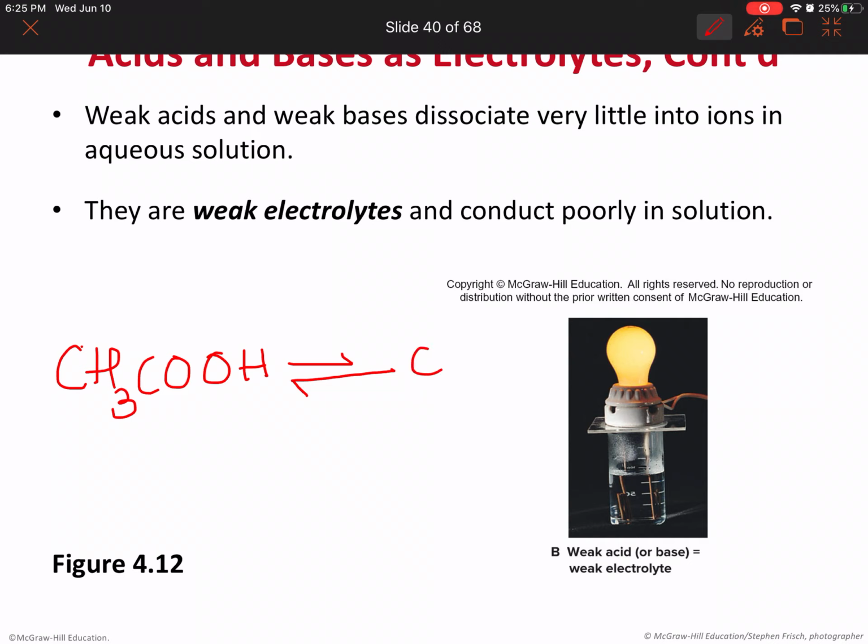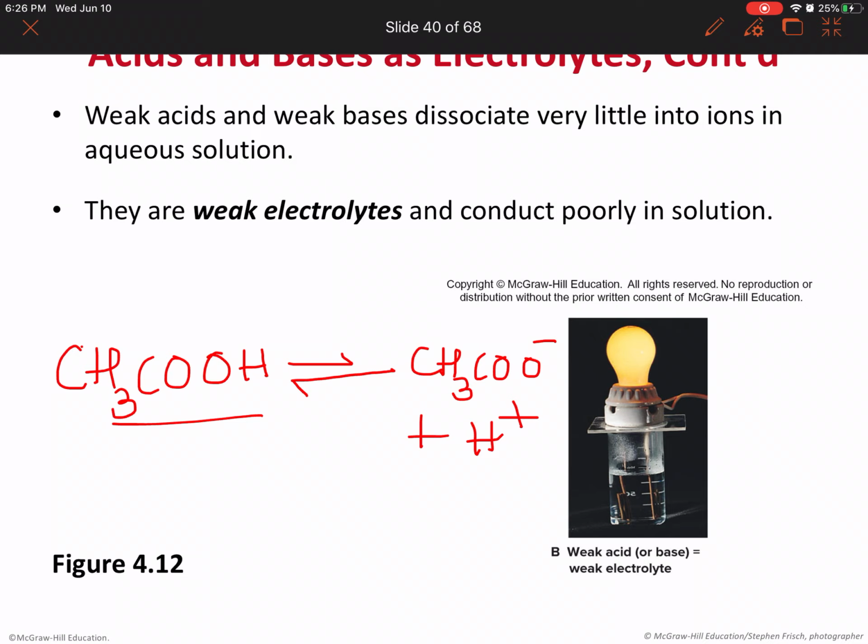It will make acetate ion CH3COO minus plus H plus. Okay, you see the arrow, the backward arrow is longer, meaning it only dissociates up to a certain amount. Mostly it would stay as acetic acid.